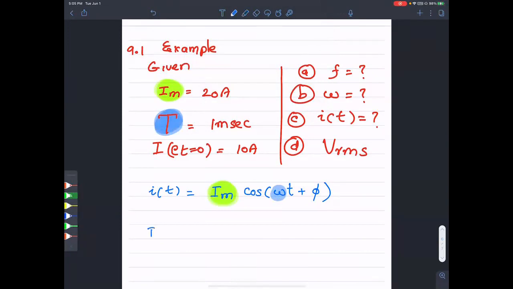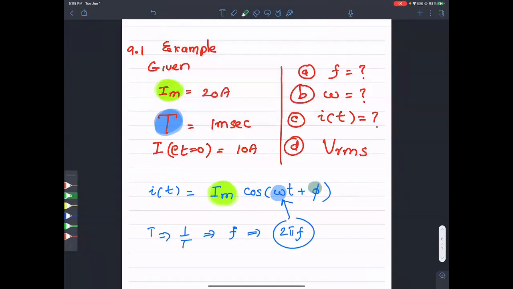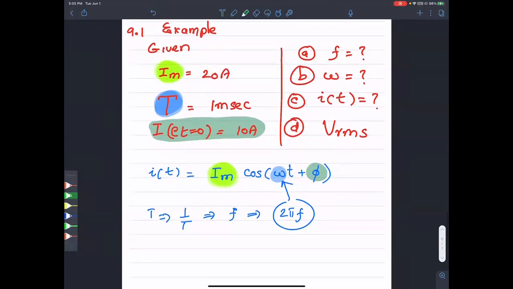Once we have the period, we can write 1 over T, which is f. Once we have f, we simply multiply 2 pi f to get omega. How about phi? This information about phi is not readily available to us, but we can extract that information from here.